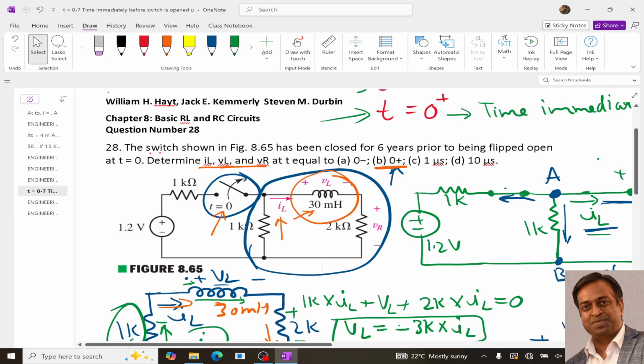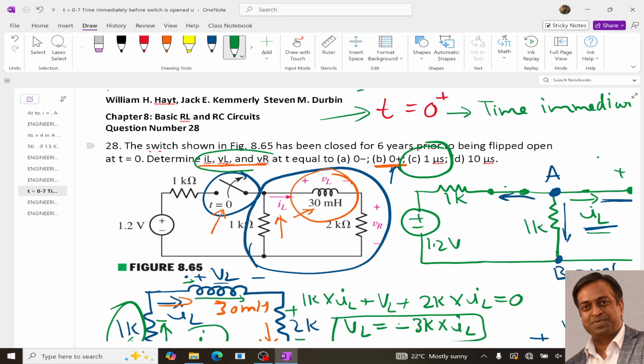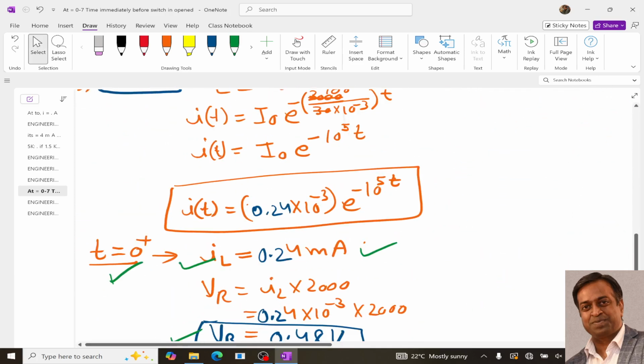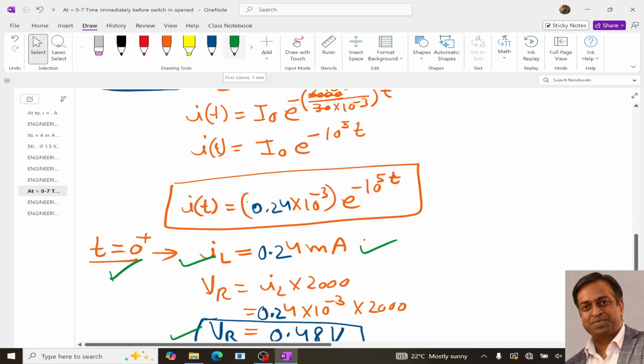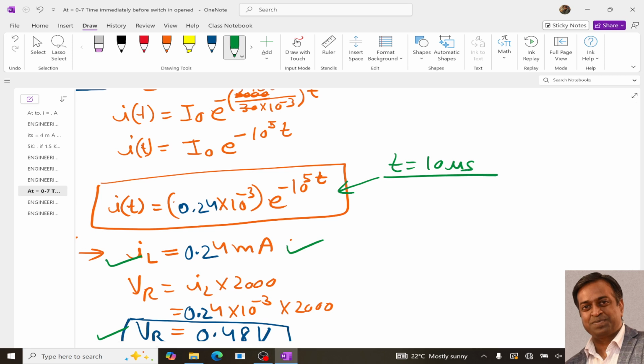Now coming to the C part. The C part says that we need to determine the current at t equals 1 microsecond, and then 10 microsecond. So in this equation I need to substitute t equals 10 microsecond.